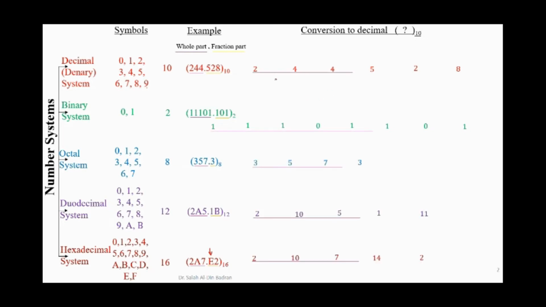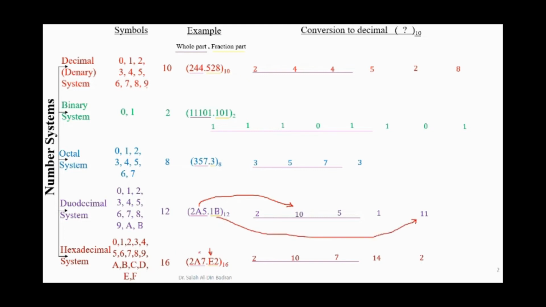Just remember that this part is the whole part of these numbers. See, 244, this is the whole part. This number is the whole part, 357. This is the whole part, 28. And see here, we converted A into 10, B into 11.